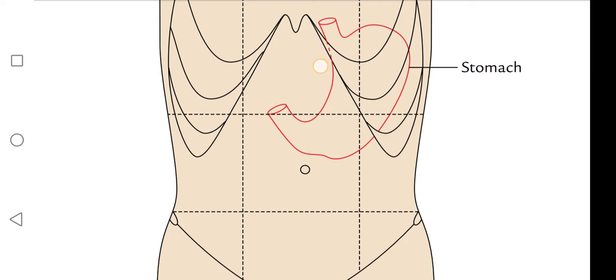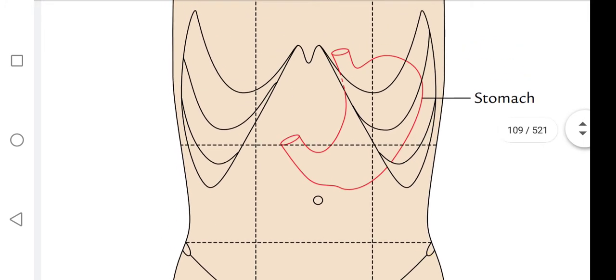The stomach occupies three regions: left hypochondriac region, epigastric region and umbilical region. The stomach occupies obliquely and it extends from the left hypochondriac region to the epigastric region. If you see, it extends from here to here, left hypochondriac region to epigastric region.